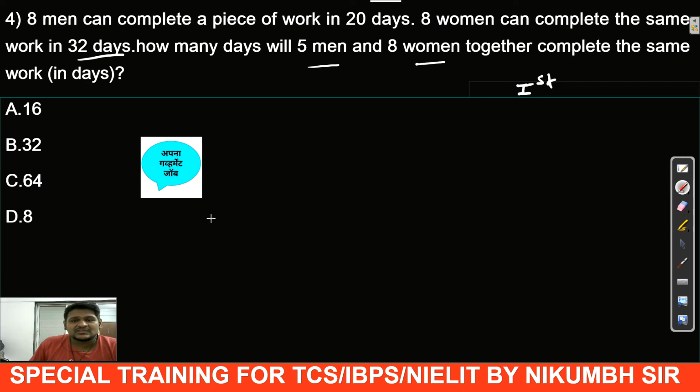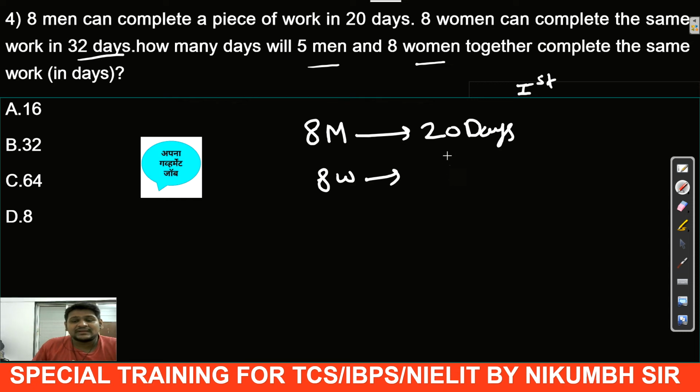Options are these. A very important thing is that 8 men can complete the work in 20 days, and 8 women can complete the same work in 32 days. So the efficiency of men is higher, it seems.